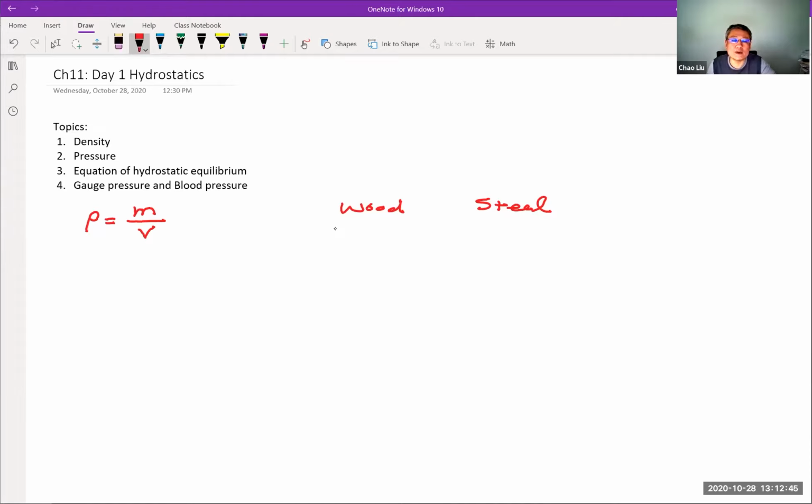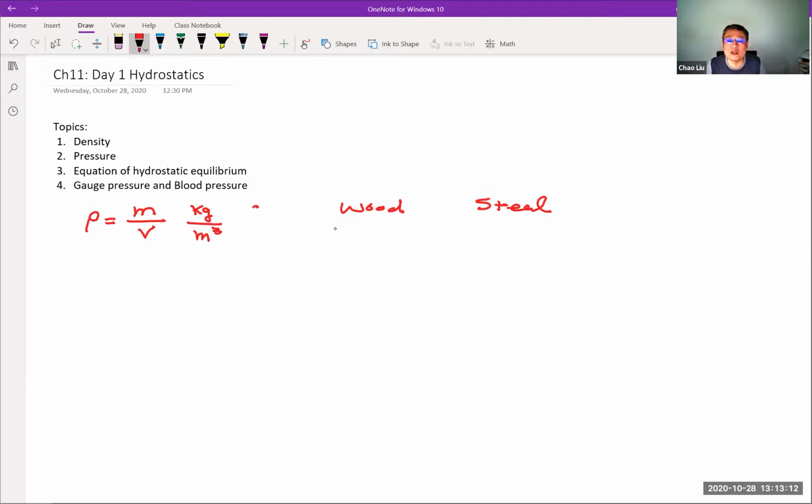One thing important about the density is the unit. We know the unit for the mass is not m, it's actually kg. So the unit for this is kg divided by the volume, which is meter cubed. You can also have a different unit for the density.